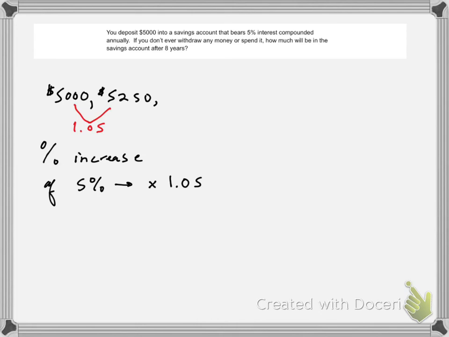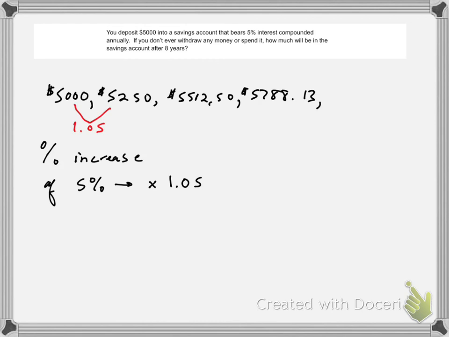So this thing is growing. So that gets me 5,512.50. Okay? And then I'm going to multiply that by 1.05 again. And that gets me 5,788.13. Okay?